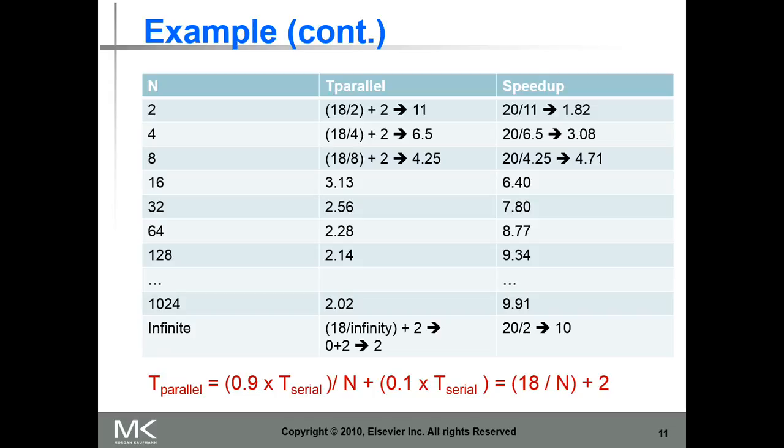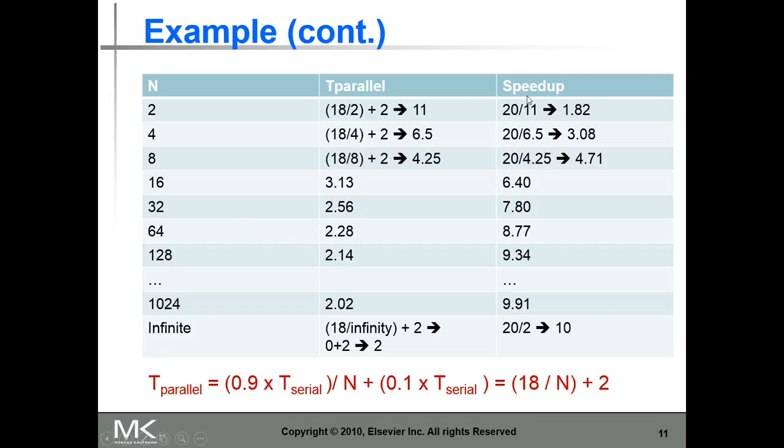You see that it does decrease. I'm just plugging into the formula. With 2 processors, 18 over 2 plus 2, which is 9 plus 2, is 11. With 4 processors, 18 over 4, the parallel part, becomes 4.5, plus 2, the serial part, so it's 6.5. It decreases as we increase the number of processors.